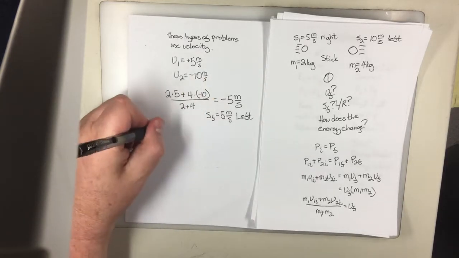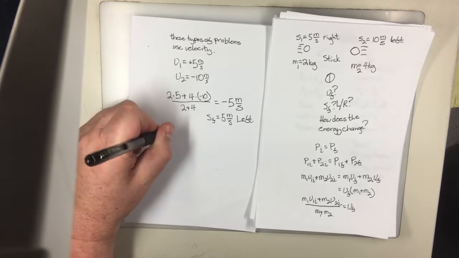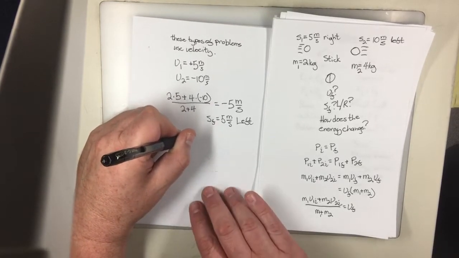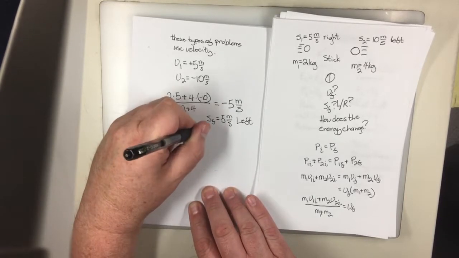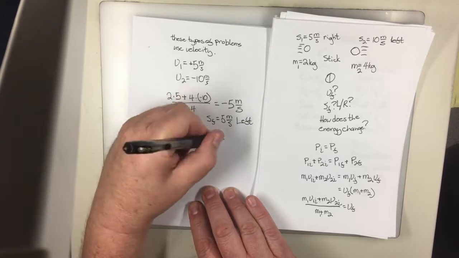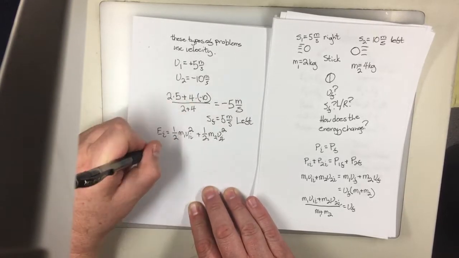Let's look at the beginning. The energy initial is just 1/2 M1 V1 initial squared plus 1/2 M2 V2 initial squared.